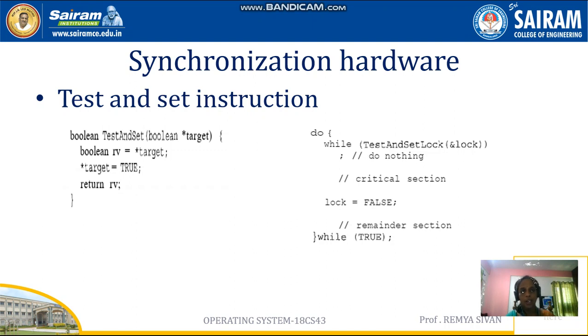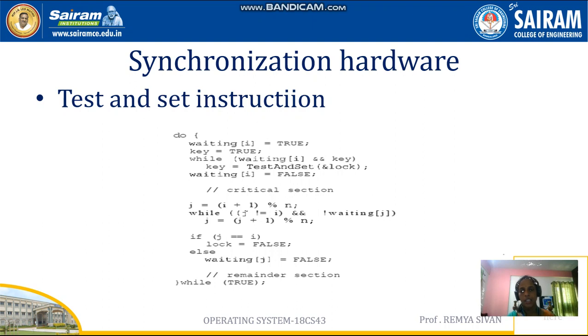Then at a time only one process can execute that, and another process cannot preempt it. So at a time only one process will be inside the critical section, no other process. So it is preserving mutual exclusion.